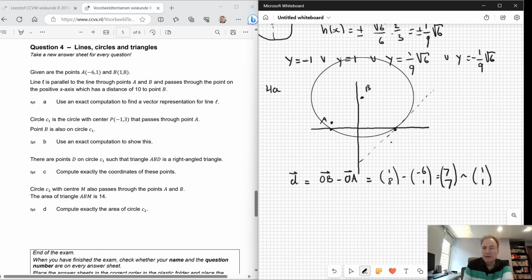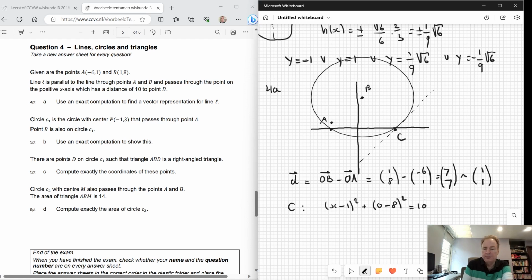So let's call this point C. For point C, we need to solve for x minus 1 squared, and the y coordinate of this is 0, so you just have 0 minus 8 squared has to be 10 squared.